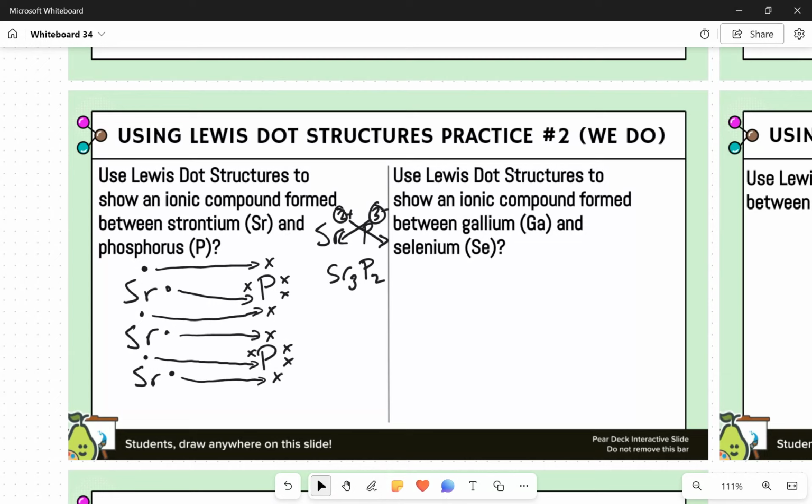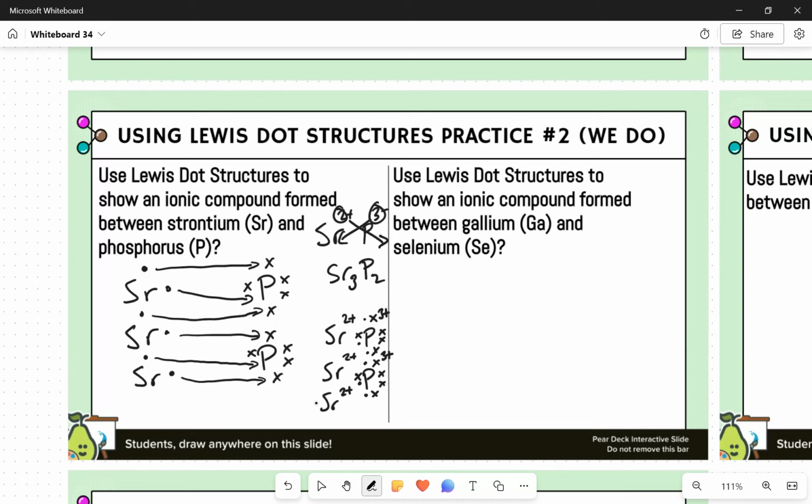So what we're going to end up with is Sr2+, Sr2+, Sr2+, and phosphorus with its dots and x's, each 3−.